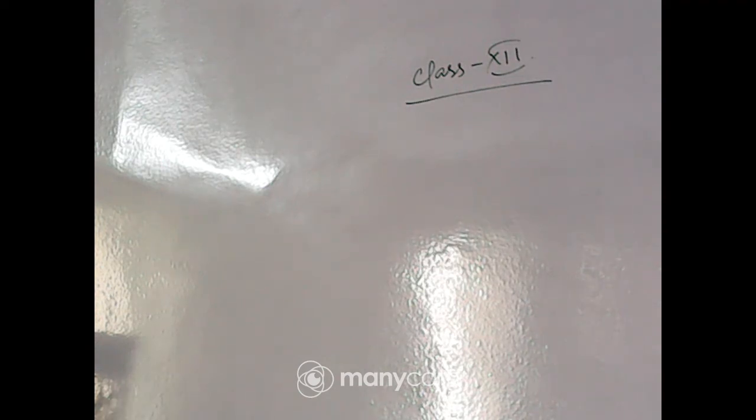Coagulation is the phenomenon of precipitation of a colloidal solution by the addition of an excess of an electrolyte. Tyndall effect is the Tyndall cone, that is the seeing of particles.